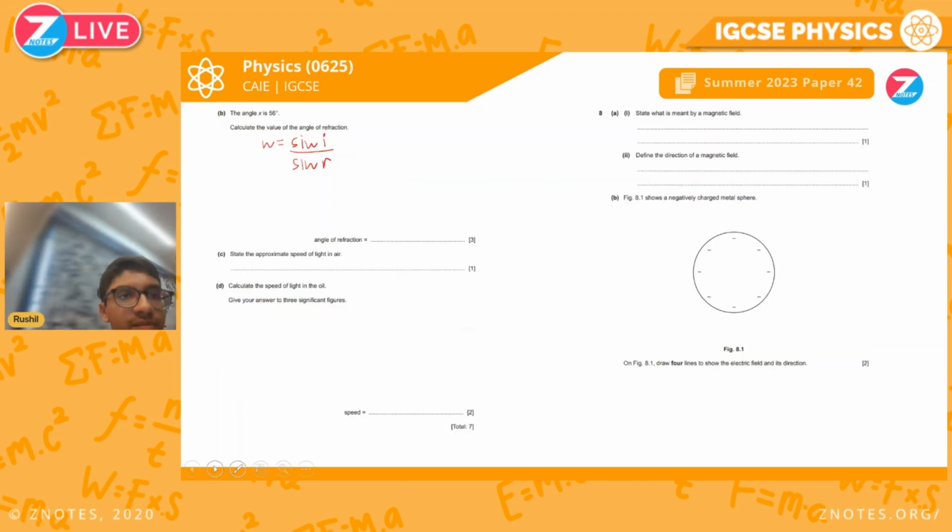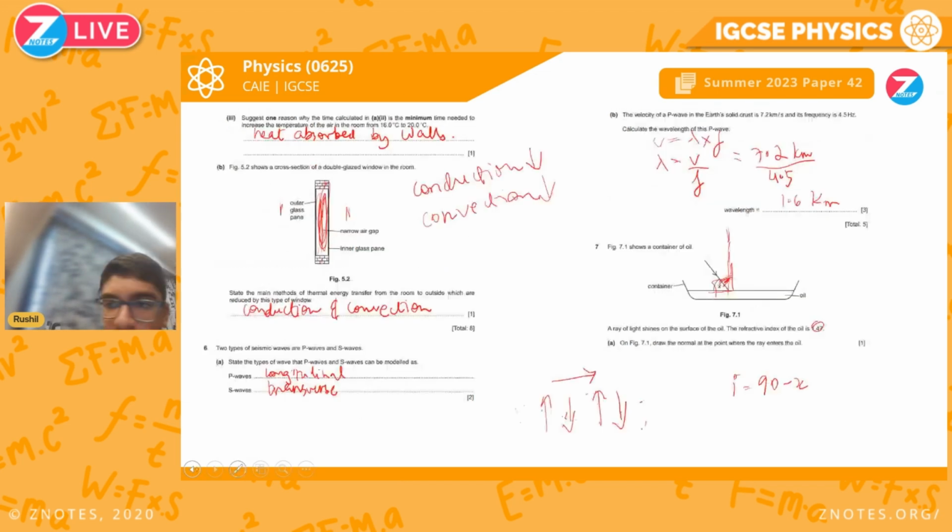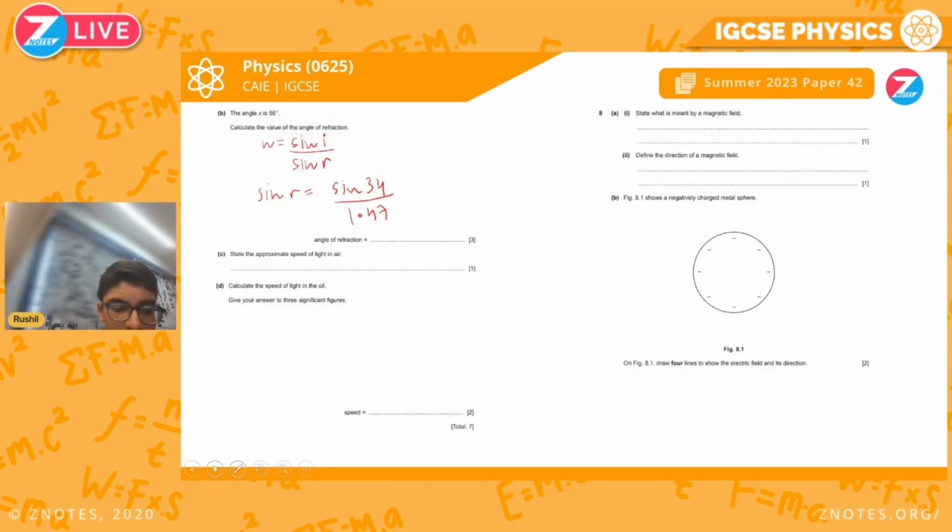We've been given x, which is 56. So 90 minus 56 is 34. So the angle of incidence is 34. Hence, sine r is equal to sine 34 divided by 1.47, which is 0.38. Taking sine inverse gives us 22.4 degrees for the angle of refraction.